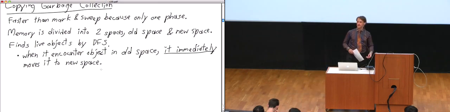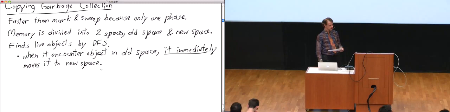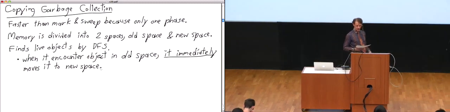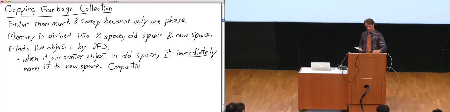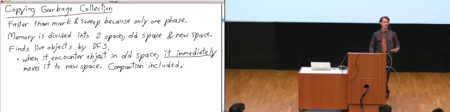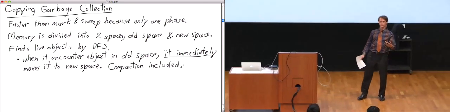Actually, you don't even have to wipe it out with zeros. So there's just no need for a sweep phase of any kind at all. And again, you get compaction automatically, just by moving things from the old space to the first available free space in the new space.